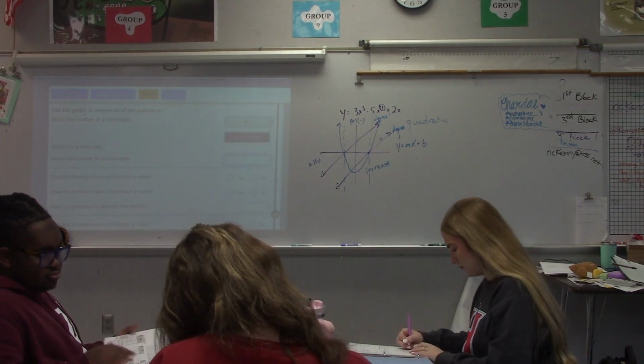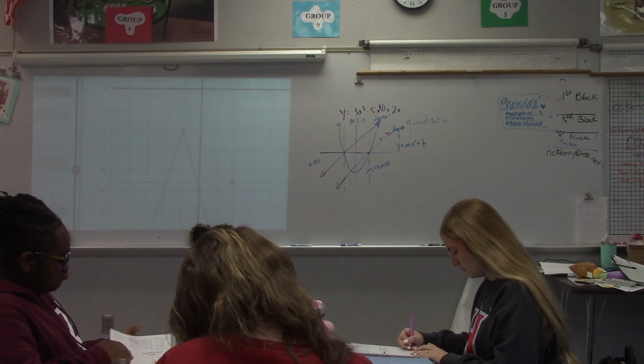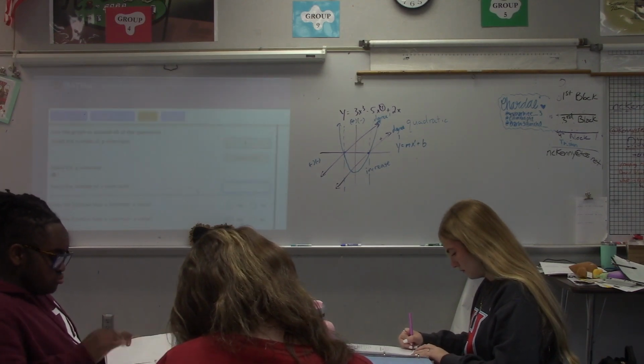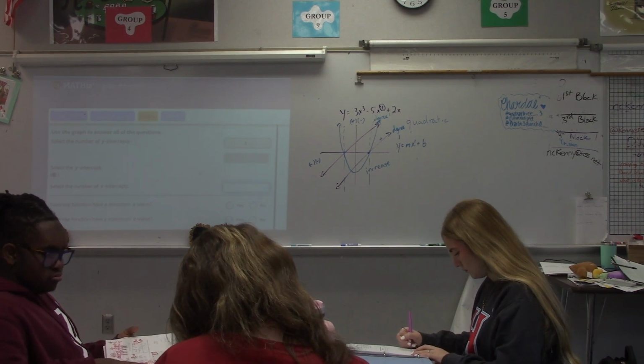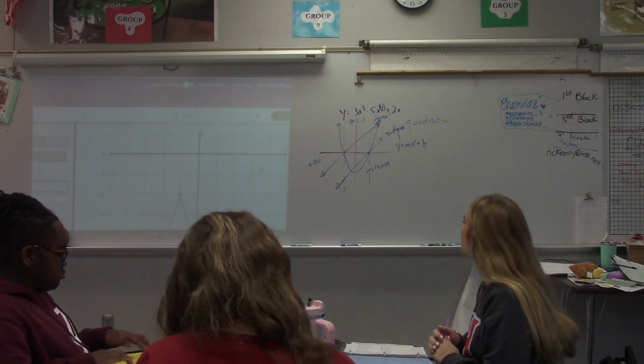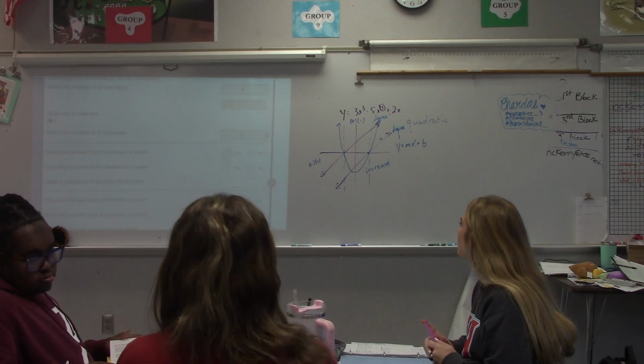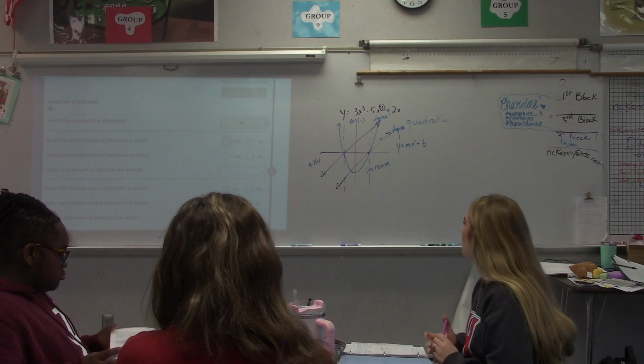One y-intercept, it says select the point, and so, boop, there's my y-intercept, done. Now, the number of x-intercepts, how many x-intercepts are there? Zero, okay, cool. And does the function have a minimum x value?